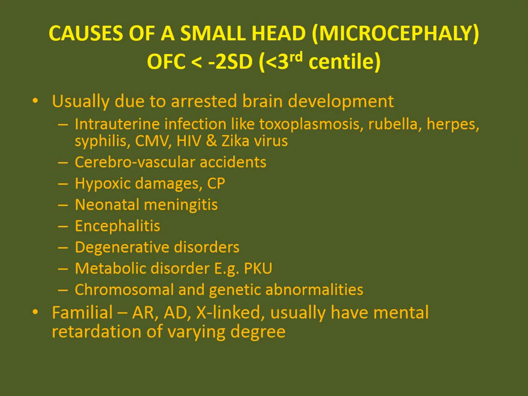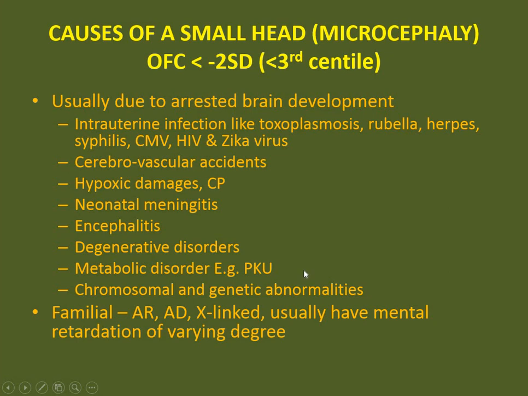Then cerebrovascular accidents, hypoxic damages, neonatal meningitis, encephalitis, degenerative disorders, metabolic disorders. Now we saw metabolic disorders can cause large head. Similarly, metabolic disorders like phenylketonuria can cause small heads, right? Chromosomal and genetic abnormalities, right?